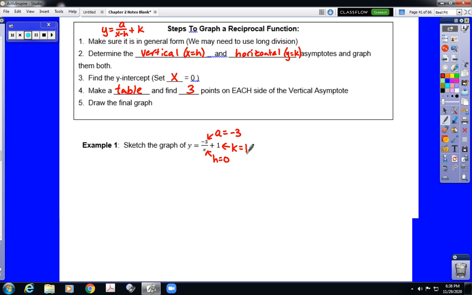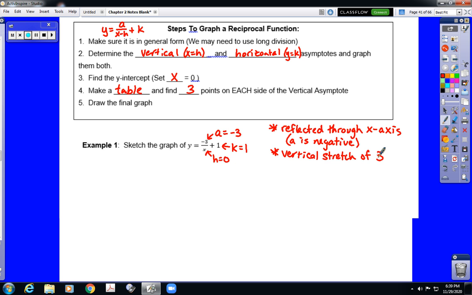So what this tells us is the a value tells us that the graph is reflected through the x-axis. That's because a is negative. It has a vertical stretch factor of 3.